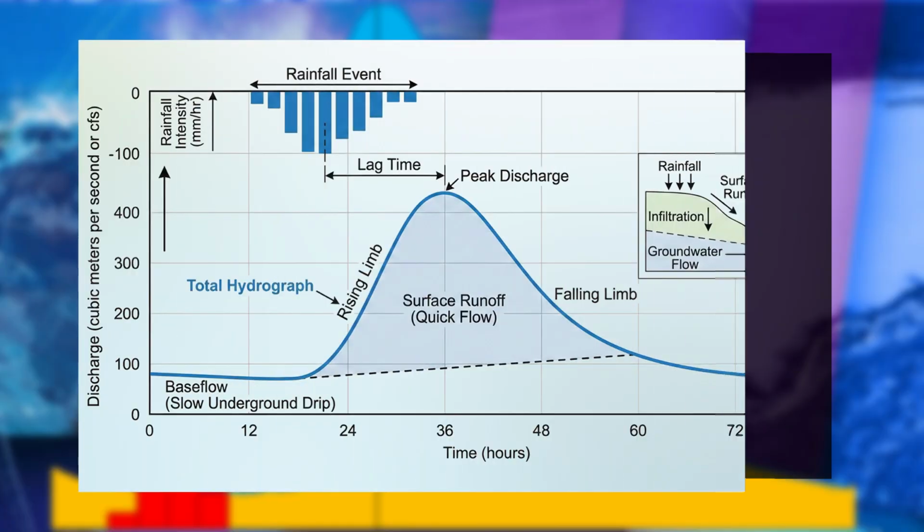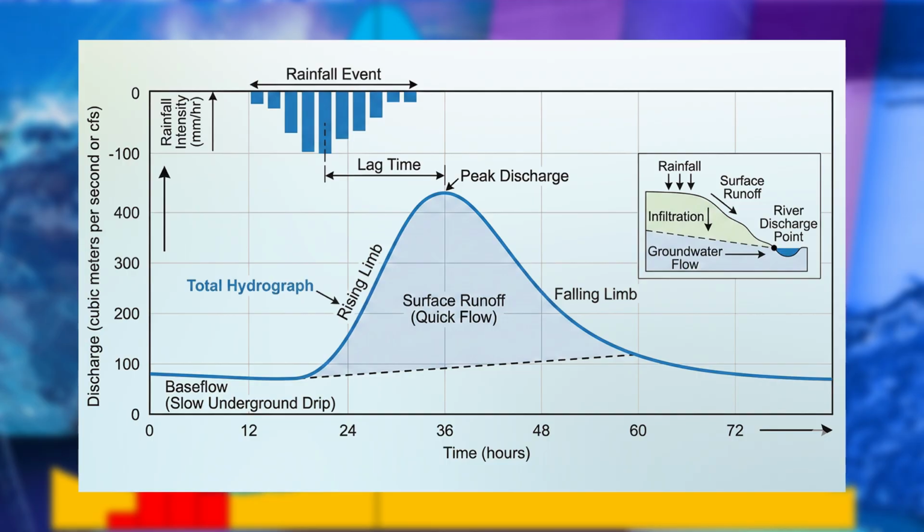Not all rain reaches the river right away. Some soaks in, some evaporates and some flows over land. The graph captures the quick flow from the rain and the slow drip from the underground water. A hydrograph shows how river flow changes over time during and after rain, helping engineers to predict floods and plan water projects.